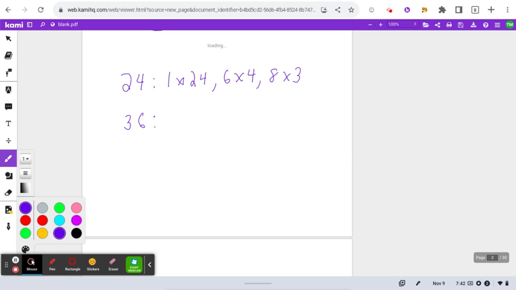Same thing with 36. You'd have 1 times 36, 12 times 2, 9 times 4, and 6 times 6. So you would look at all the different factors, and the one that I see that is the greatest is going to be the 6. There's a 6 here and a 6 here.